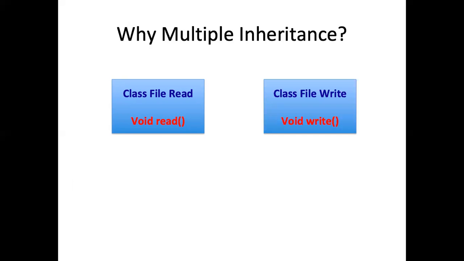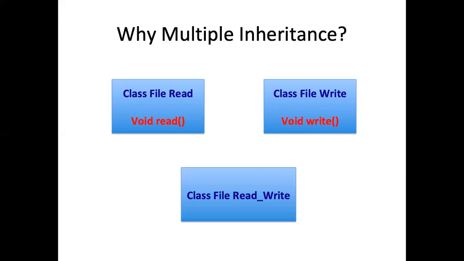You have another class that is written for writing the file only, and you have another class जहाँ पे आप read write दोनों करना चाहते हैं. So you have these 3 separate classes, but instead of writing down reading and writing separately in class file read write, you can simply inherit the functions of reading and writing from the 2 base classes.